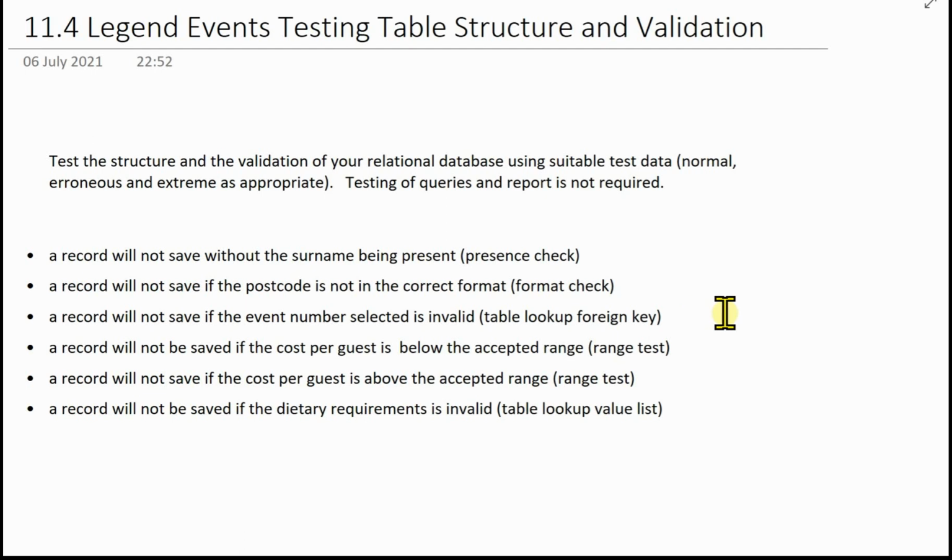A record will not be saved if the cost per guest is below an accepted range. That's a range test. A record will not save if the cost per guest is above the accepted range. Again, that's a range test. And then a record will not be saved if the dietary requirements is invalid. And that's a table lookup value list.